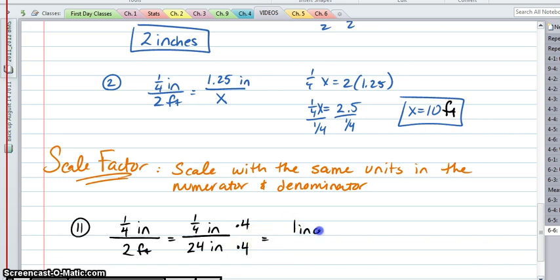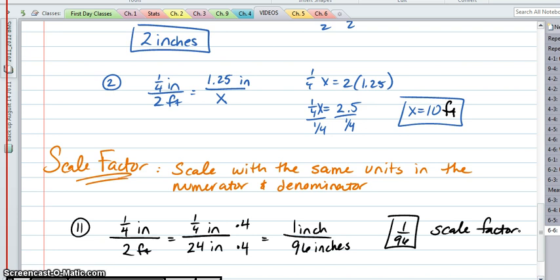When I do that, I can now see that 1 inch is 96 inches. So we can say that 1/96 is the scale factor of the given scale 1/4 inch to 2 feet. And basically, this drawing is 1/96th the size of the actual school building.